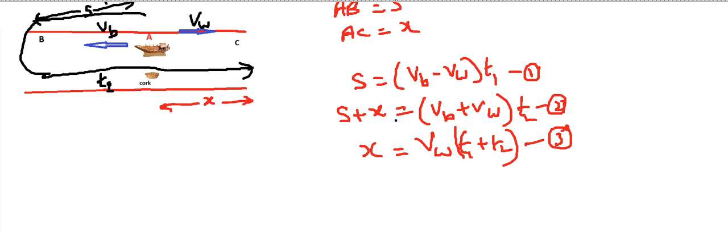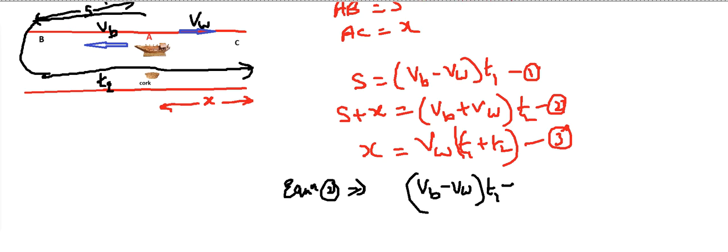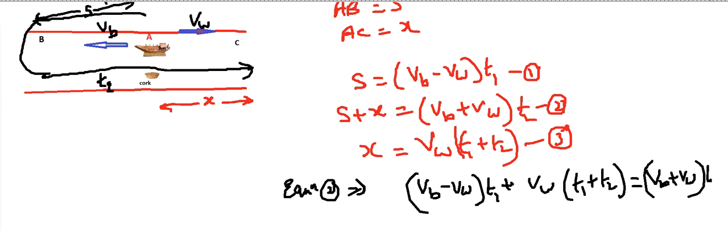So what is equation 2? S plus X. In the place of S, we have (Vb minus Vw) into T1, plus X, which means Vw into (T1 plus T2). This is equal to (Vb plus Vw) into T2. Expand the terms.